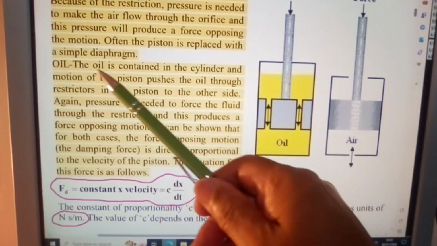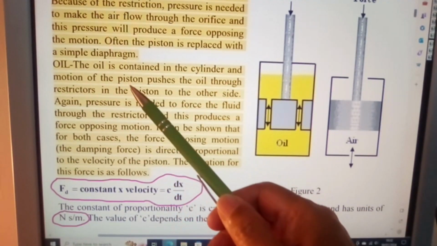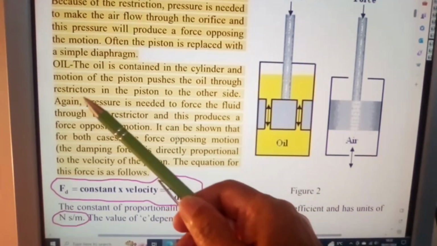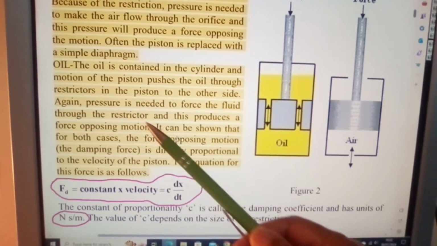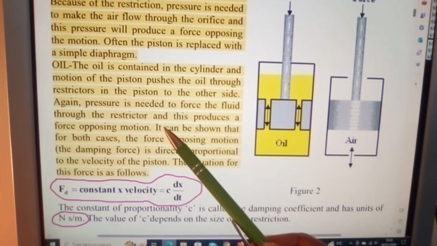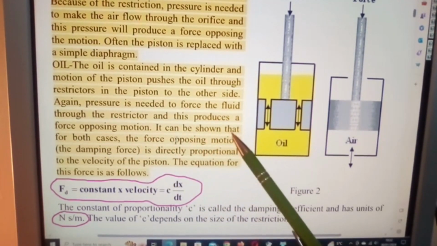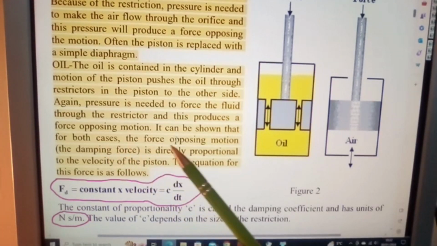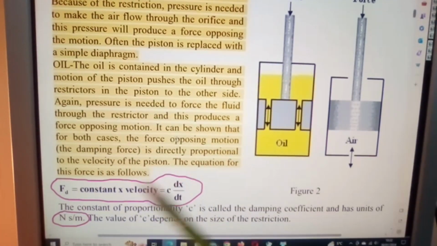Now oil. The oil is contained in the cylinder, and motion of the piston pushes the oil through restrictors in the piston to the other side. Again, pressure is needed to force the fluid through the restrictor, and this produces a force opposing motion. It can be shown that for both cases the force opposing motion, the damping force, is directly proportional to the velocity of the piston.